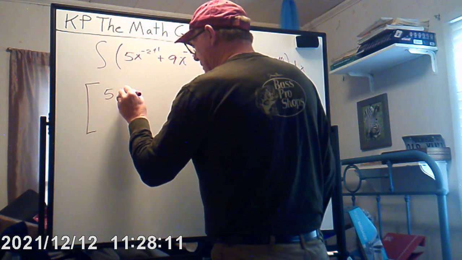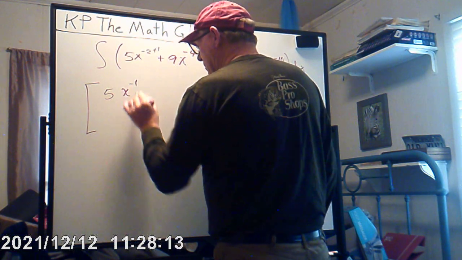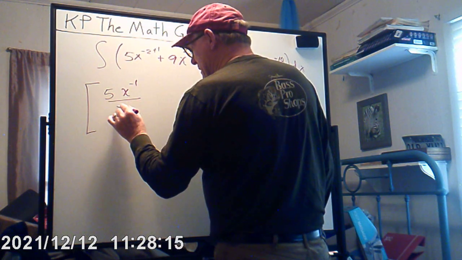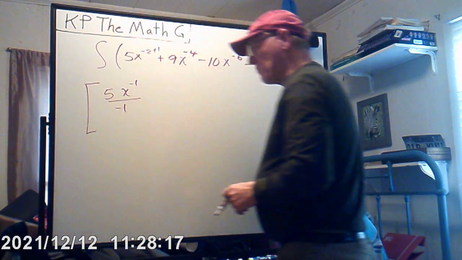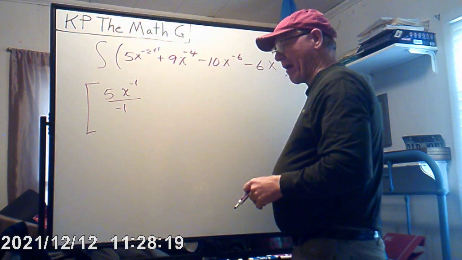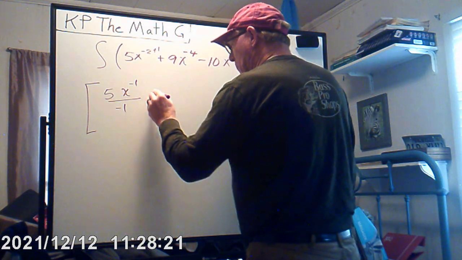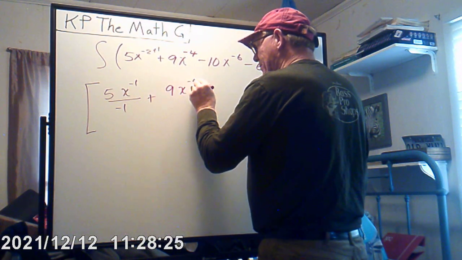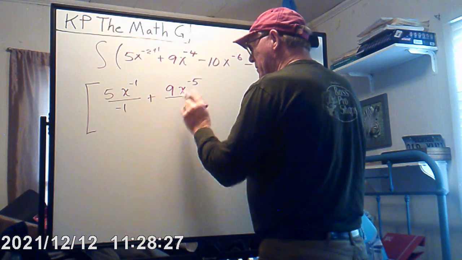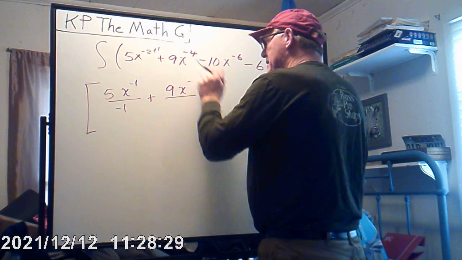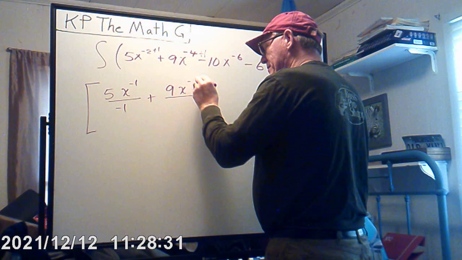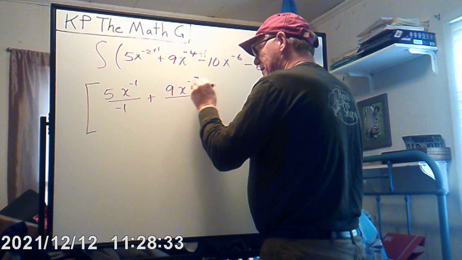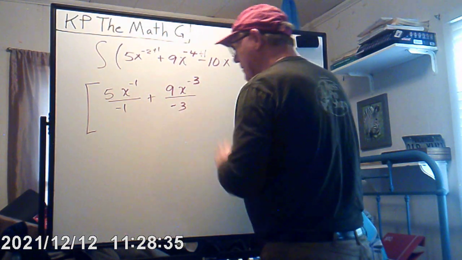So x to the negative 1 over negative 1. Plus 9 x to the negative 3 over, nope, I did the wrong thing. Plus 1 is, okay, right there.